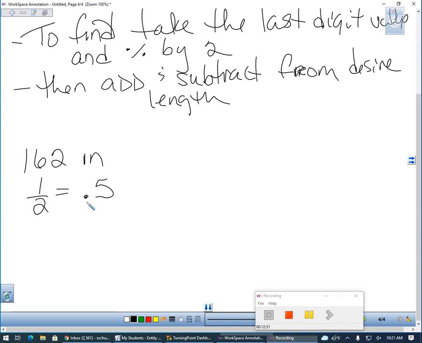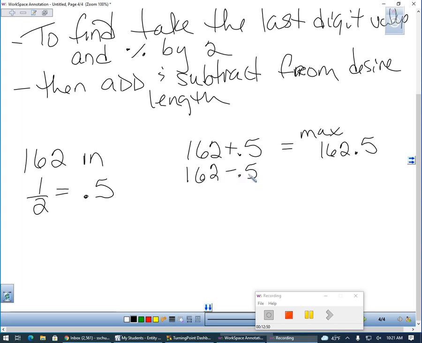So now I'm going to take 0.5, and I'm going to add it to my value of 162, which means it can have a maximum of 162.5, and I'm going to take 0.5 and subtract it from 162, so it can have a minimum 161.5. So it would be acceptable anywhere between there.